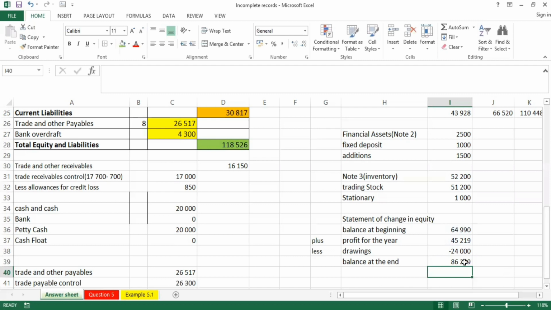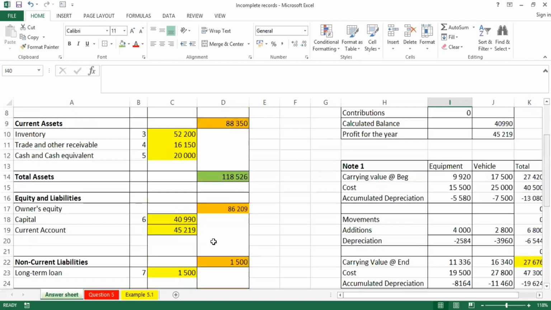So this amount, that's what you take and put on your owner's equity. So I think that's pretty much everything concerning your incomplete records.